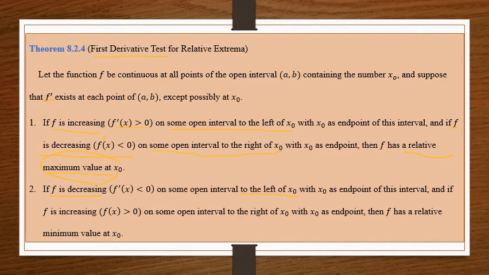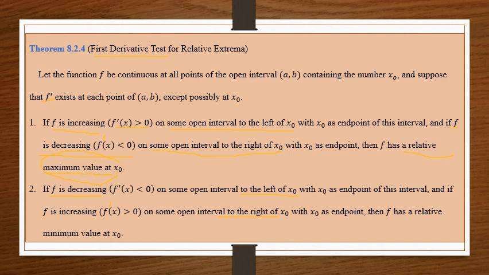And then, if f is increasing, where f prime of x is greater than 0 on some open interval to the right. Kanina, baliktad kasi increasing siya to the left, tapos decreasing siya to the right.